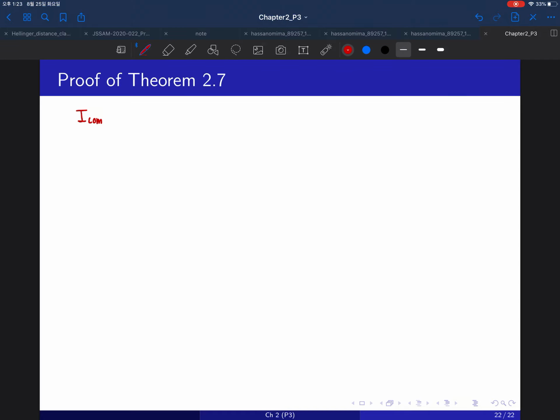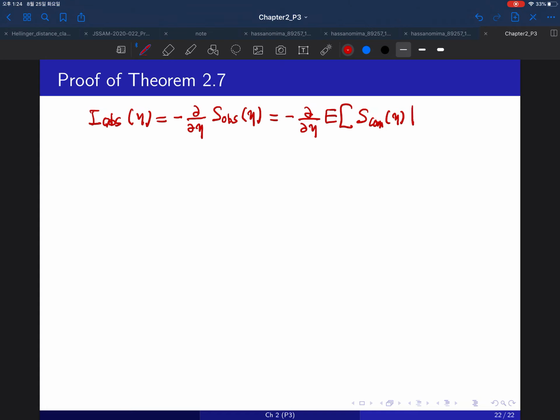Okay, so to compute the observed Fisher information, observed, okay, note that this is obvious, right? And then it turns out that this is actually the density of y miss given y observed, delta, and theta.